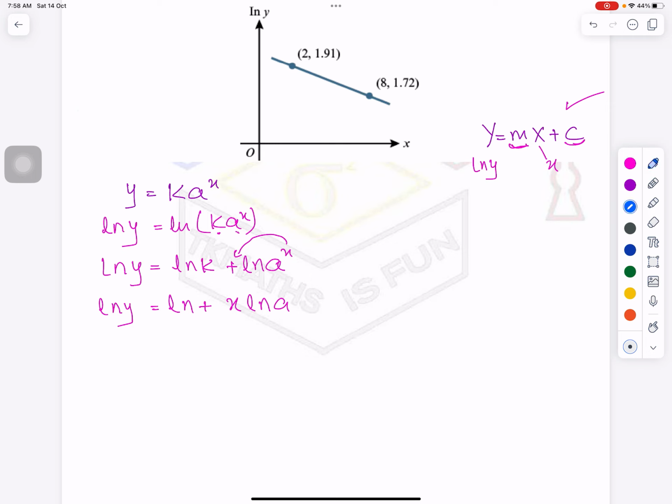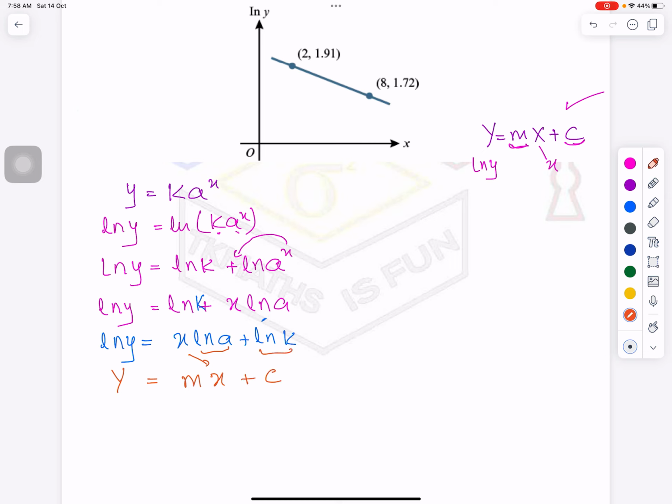Okay, so I am just writing ln y equals, this term I'm writing first, x ln a. Sorry, I forgot to write k here. Plus ln k. Now if I see here, this is your y, this is your m, and this is your x. I'm just rearranging, it doesn't matter if you write it this way or that way. And this is my c.